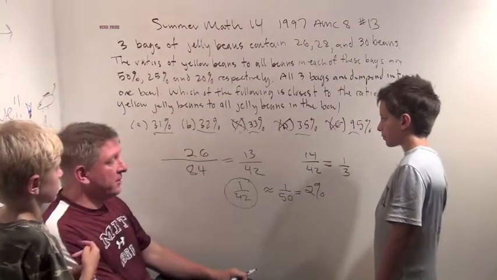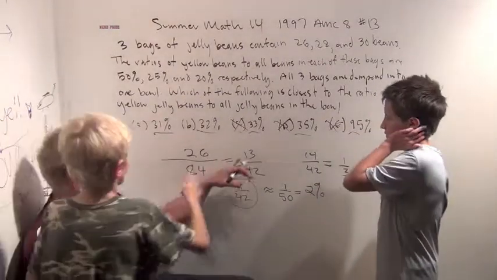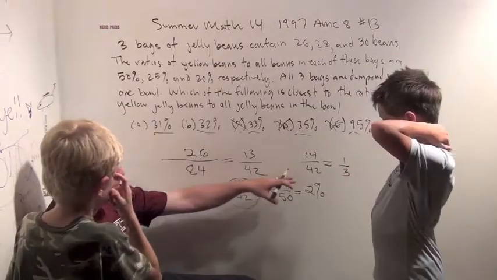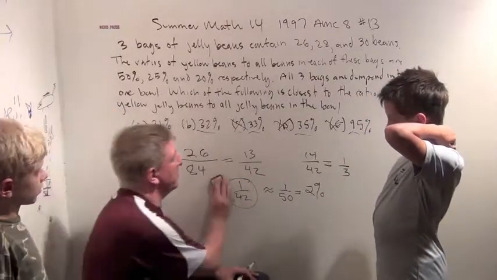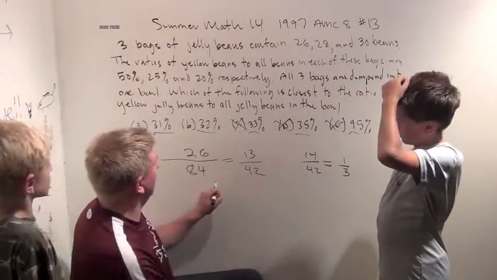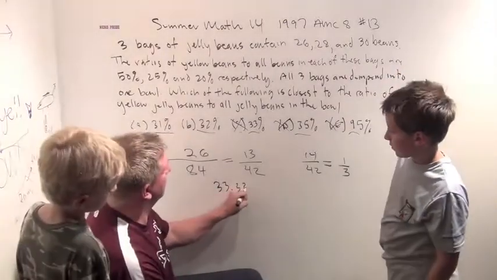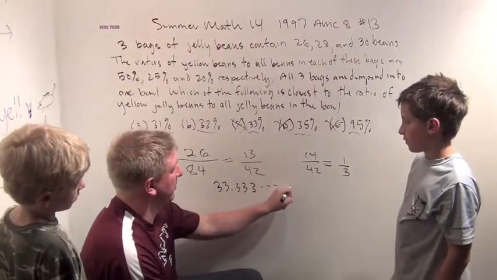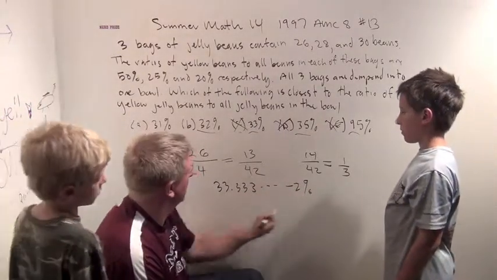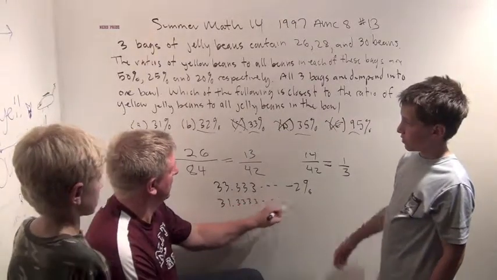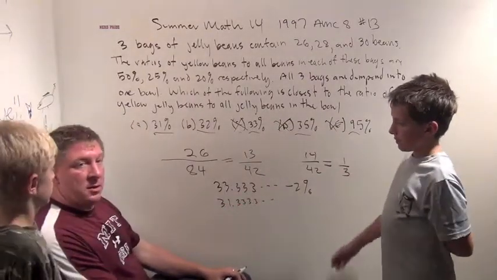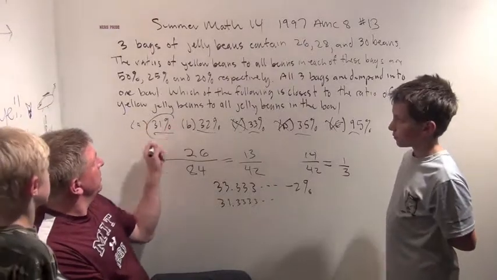So our fraction, 13 over 42, looks a lot like 1/3 minus 2%. So that would be about 33.333 forever minus 2%, which is 31.3333, which suggests 31.